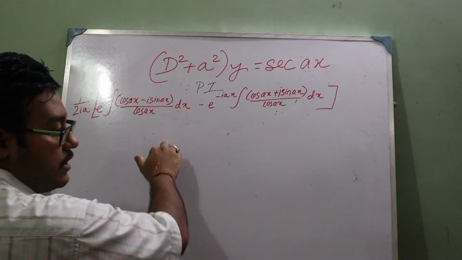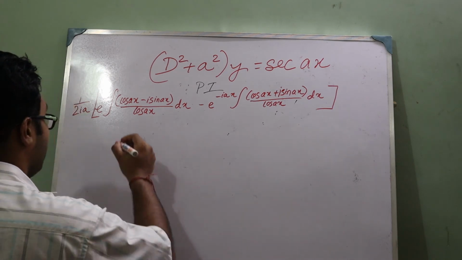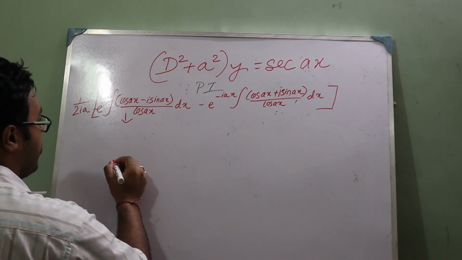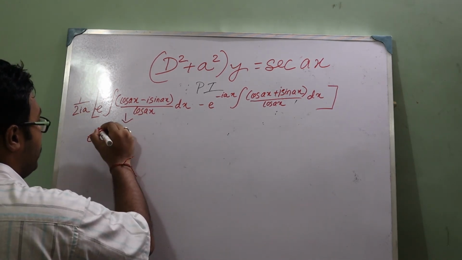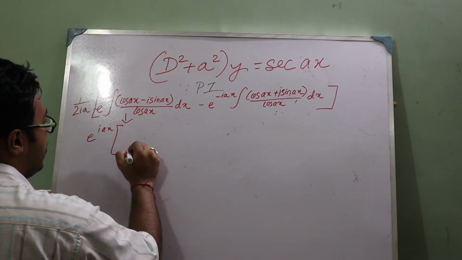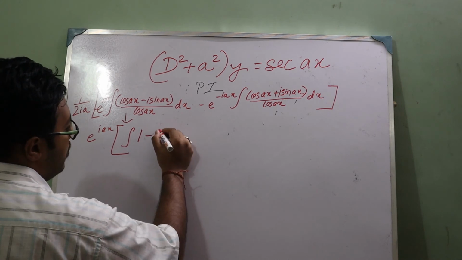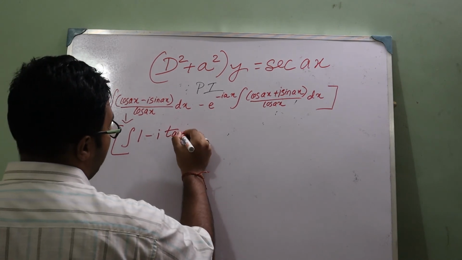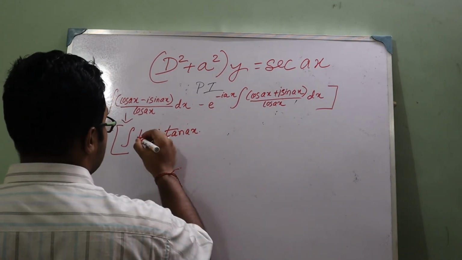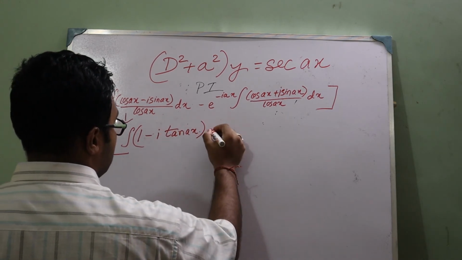I am doing the calculation of the first part, that is this thing. e to the power iax into this will be integration of 1 plus minus 1 by tan of ax dx.